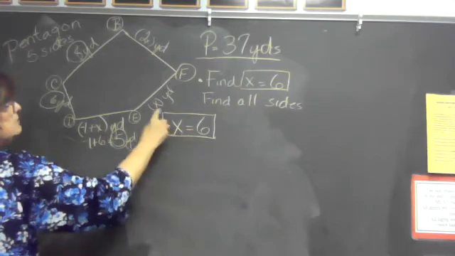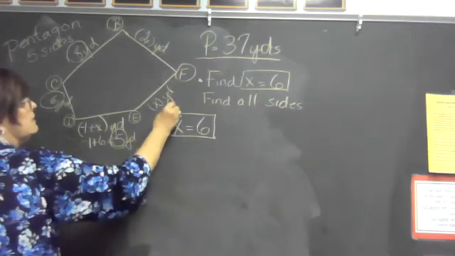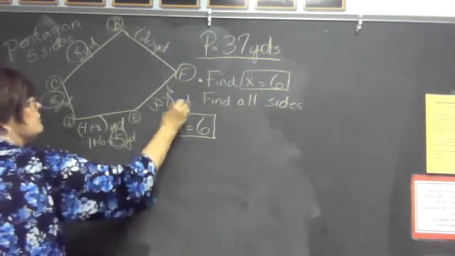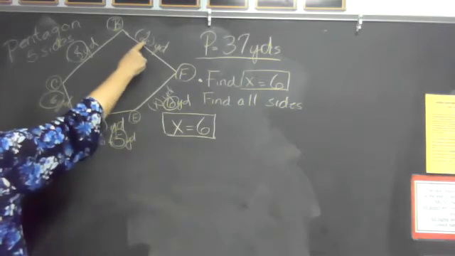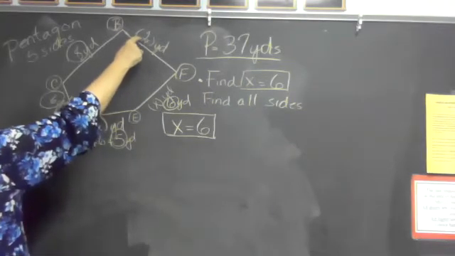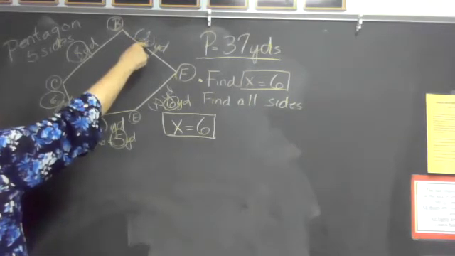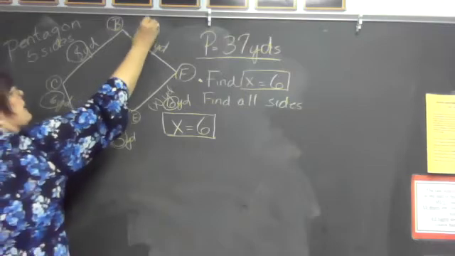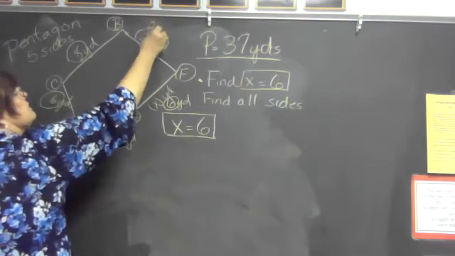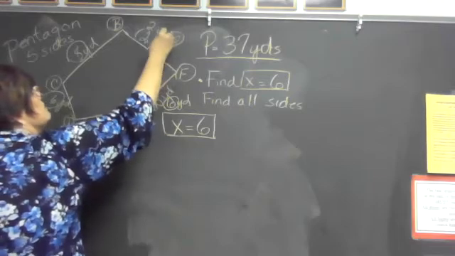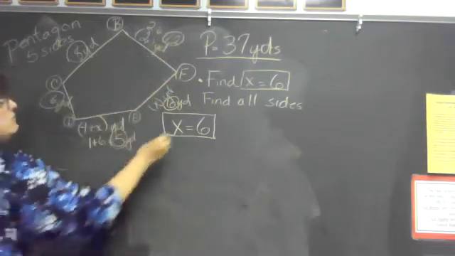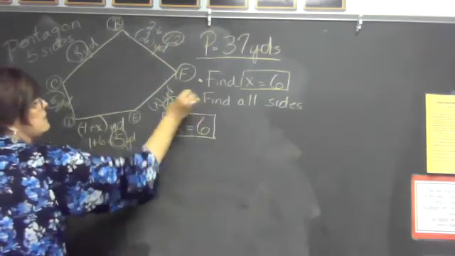We know what X is, so we plug that in. Now we've got 6 yards for this side. Up here, we have another X. This means multiply because they're crammed together. So now I have 2 times 6 equals 12 yards. And now I've found all of the sides.